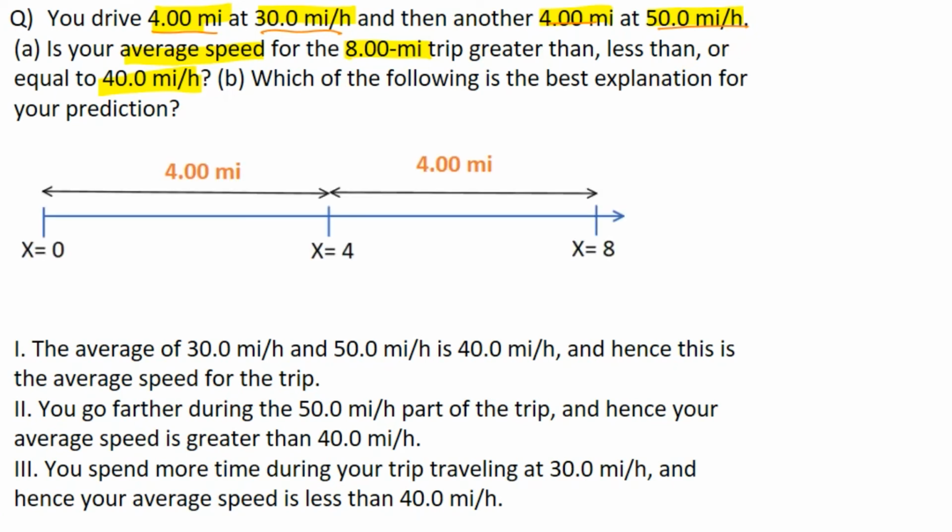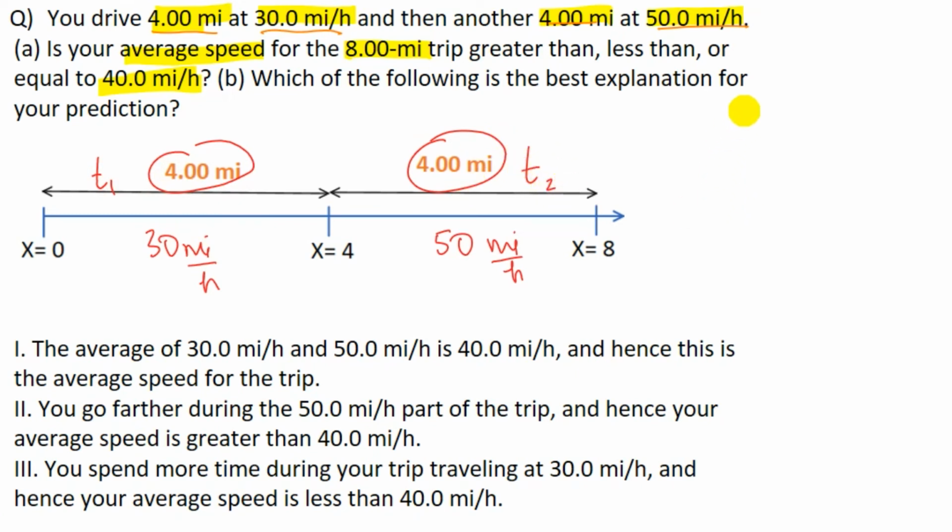Here you see that the car travels 4 miles at the speed 30 miles per hour, and the next 4 miles at the speed 50 miles per hour. Suppose the car took t1 time to travel in the first case and t2 time for the second case.